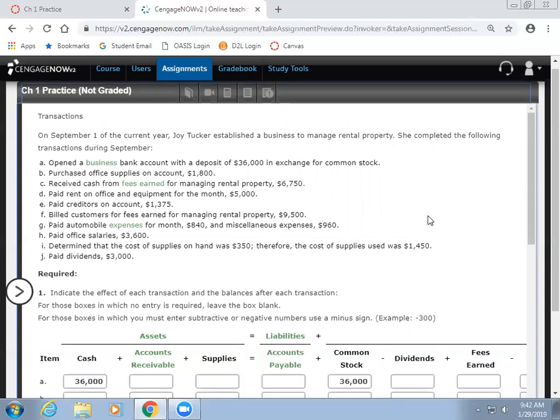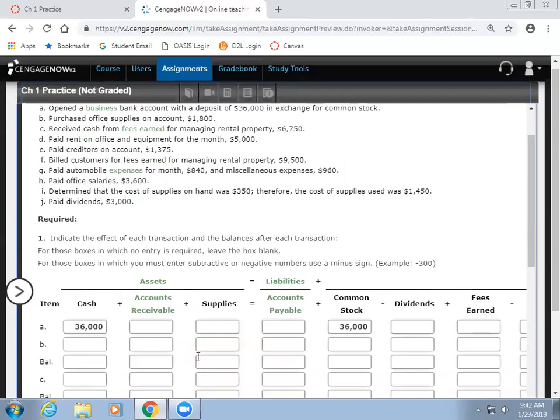So our supplies, if we purchase supplies, are they increasing or decreasing? Increasing. Good. So under supplies, I'm going to put $1,800. And then accounts payable is also increasing, okay, by $1,800 because we're increasing our debt, okay?